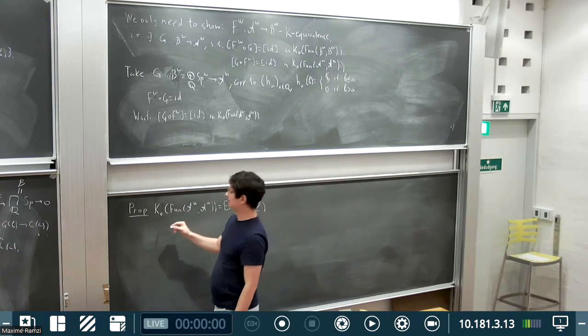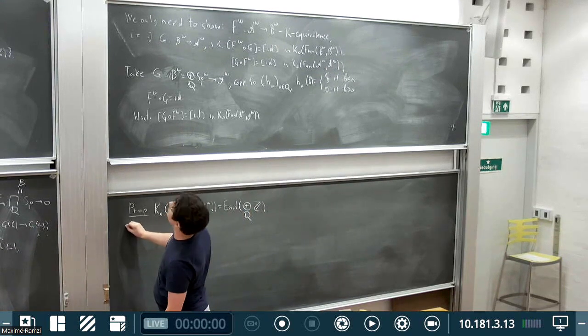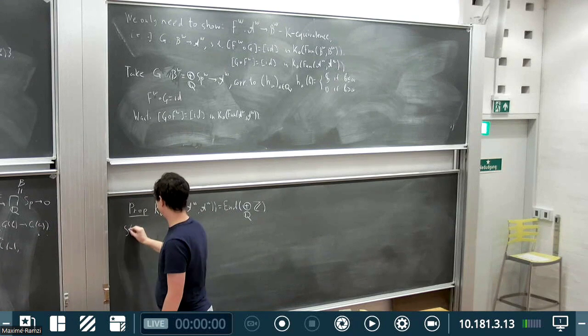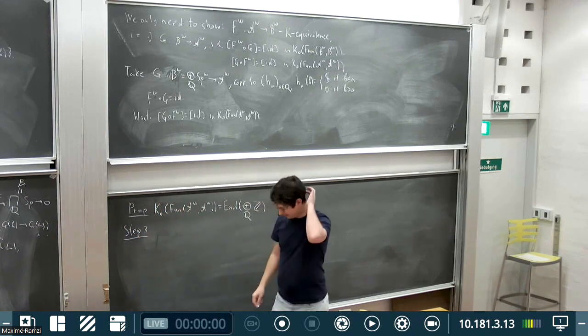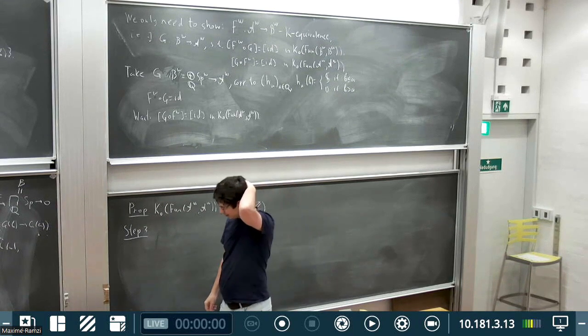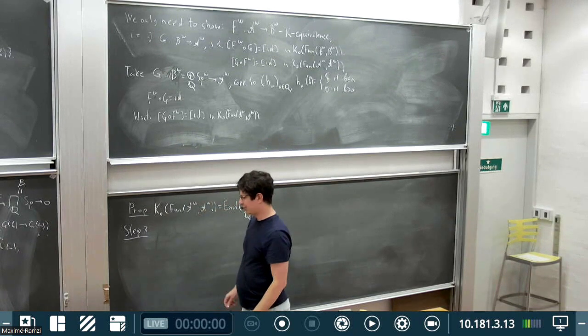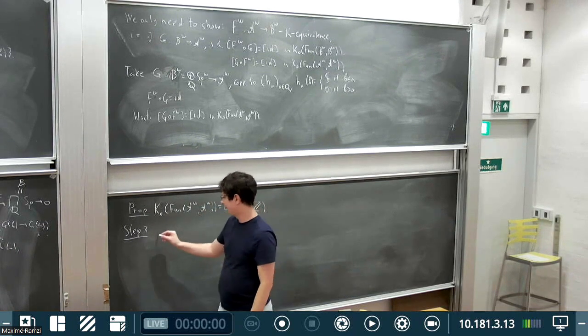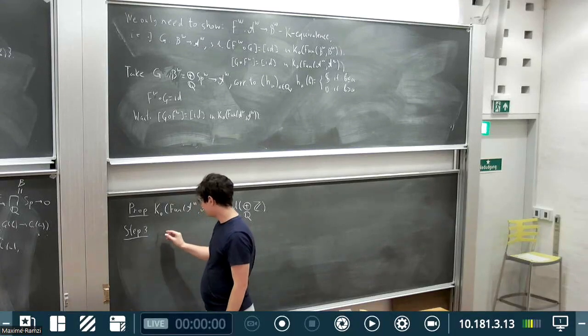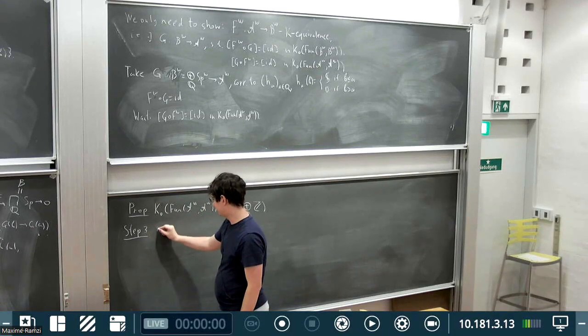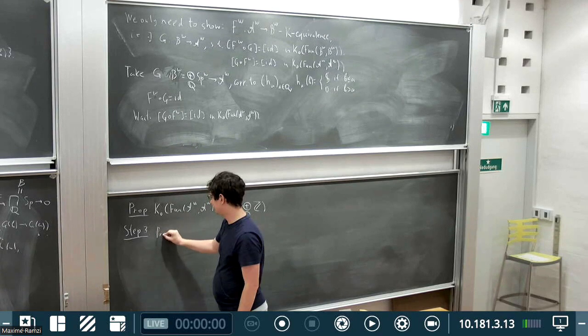This is like step three. We need some funny completed additivity statement for completed semi-orthogonal decompositions. Namely, let me formulate it carefully.